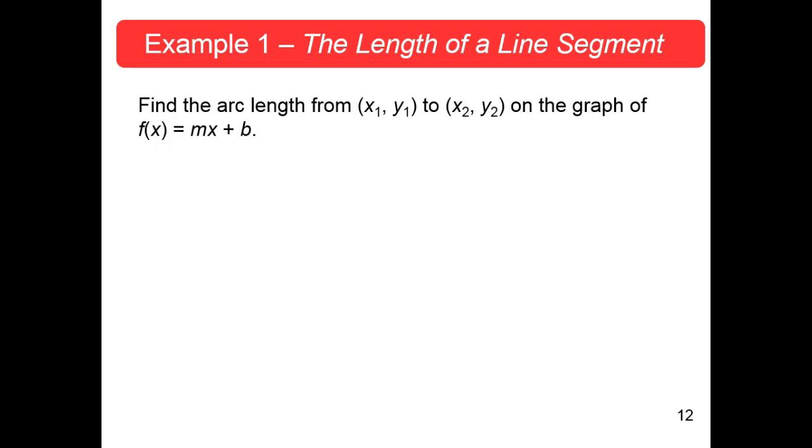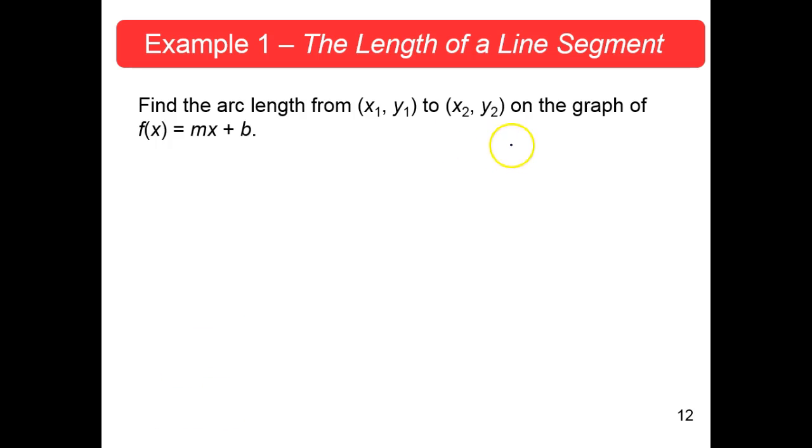Okay, here's example 1. You think we have time to do it? Oh, this won't be bad at all, will it? This is something quite doable. Okay, find the arc length from (x1, y1) to (x2, y2) on the graph of f of x equal to mx plus b. Okay, what's one of the first things you've got to do?